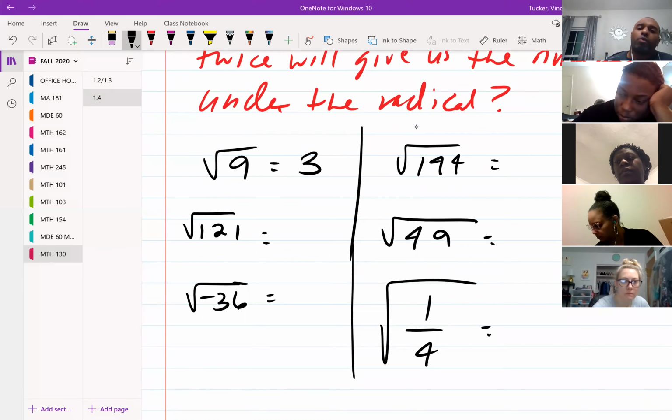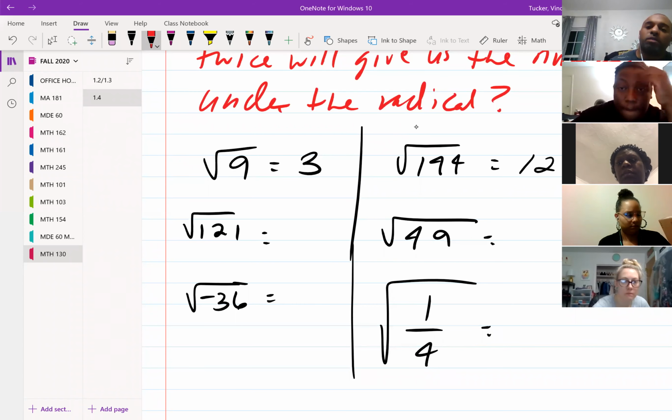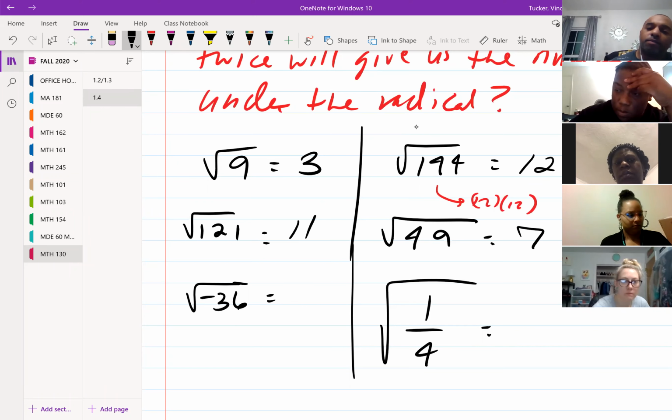All right, so square root of 144 is 12, because 12 times 12 gives us 144. Square root of 121, 11. Square root of 49, 7. And the square root of negative 36.